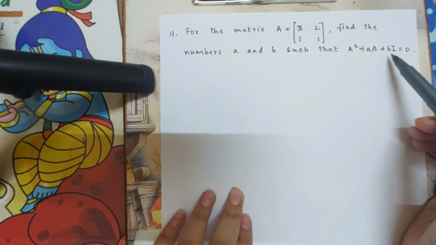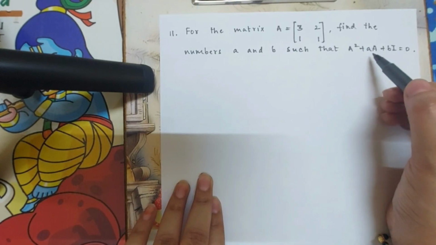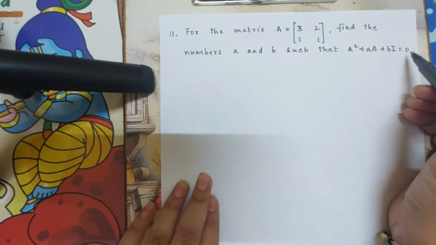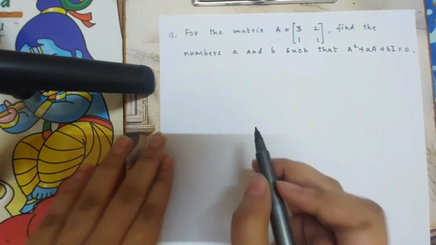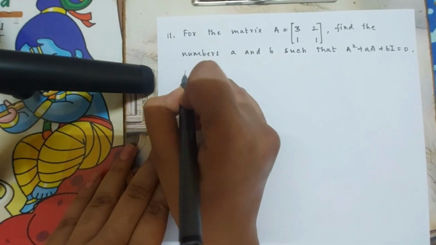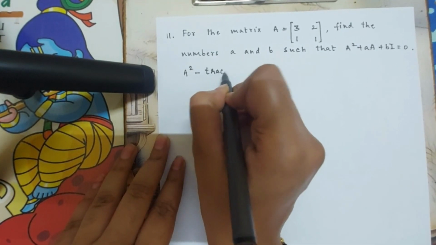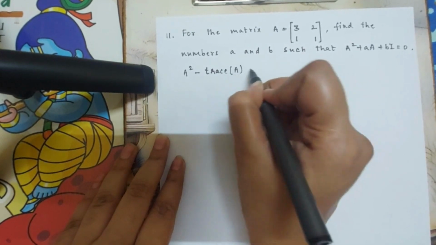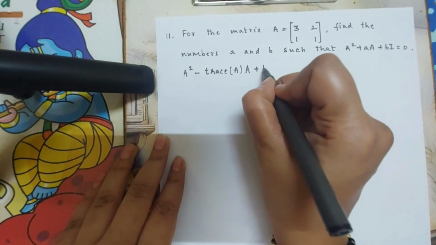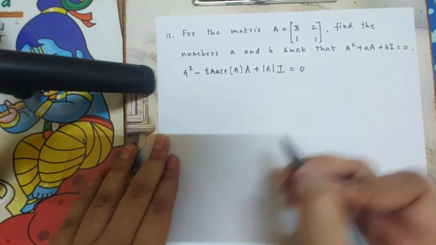So we actually have another shortcut. If A² + aA + bI = 0, then we will be able to write for any matrix A: A² minus trace of matrix A multiplied with A plus determinant of matrix A multiplied with I is equal to 0.